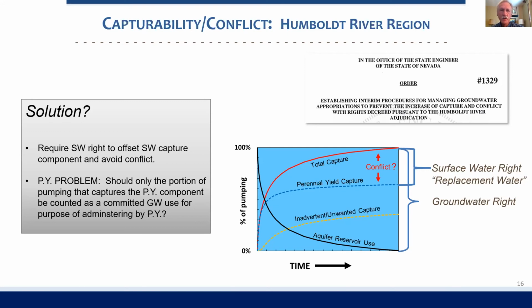And that is, how should groundwater pumping that captures some surface water be accounted for in terms of this administration of groundwater based on a perennial yield? And this is something Phil alluded to. For example, if a well pumps 100 acre-feet but captures 70 acre-feet of water from evapotranspiration and 30 acre-feet from the river, should the full 100 acre-feet of pumping be counted as a committed groundwater appropriation against the perennial yield?